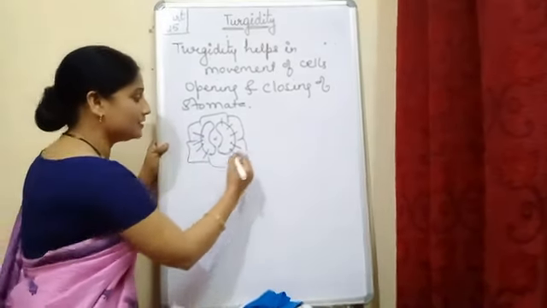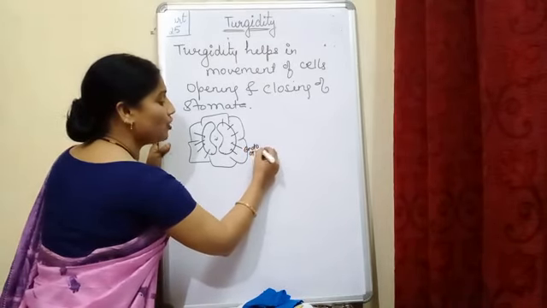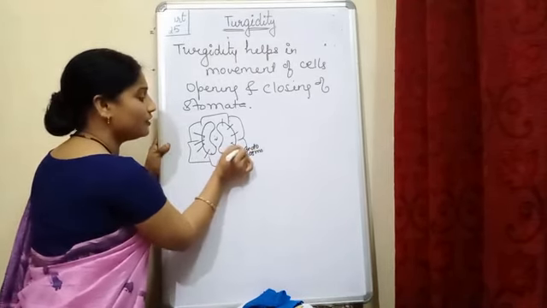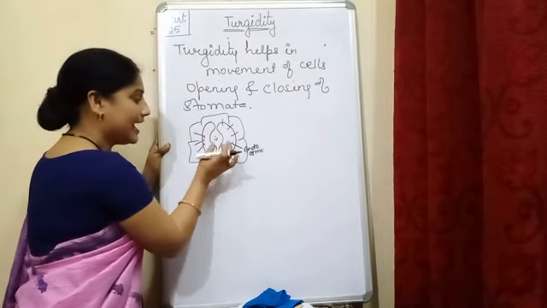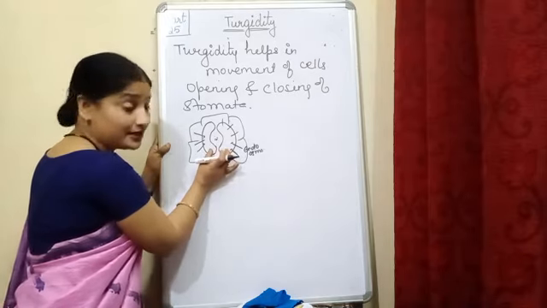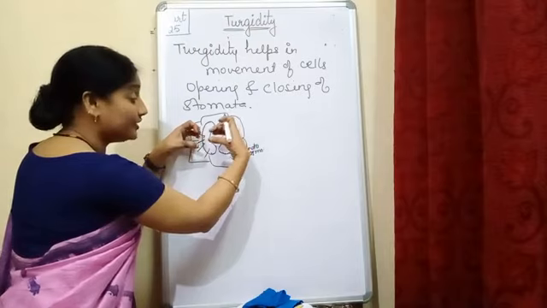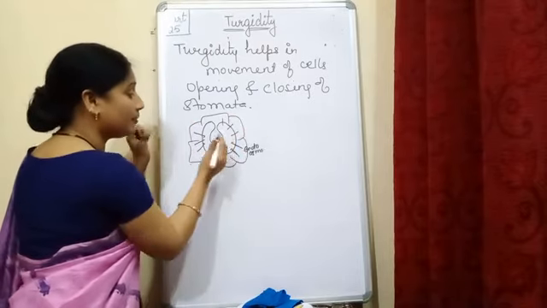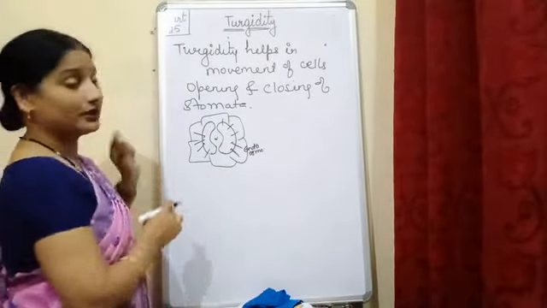So what happens? By the process of, once again, endosmosis, water will move in, the cell will become turgid, and if the cell becomes turgid, it will move distant apart, and if it stretches and moves distant apart, then there will be opening of the stomata.